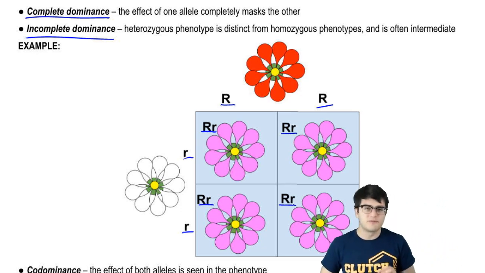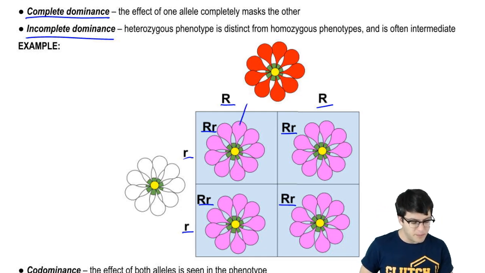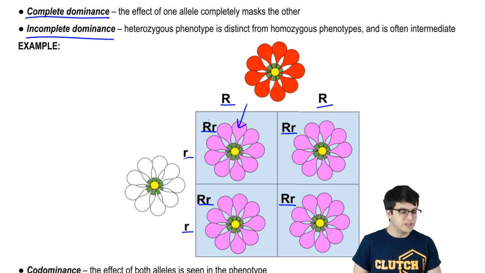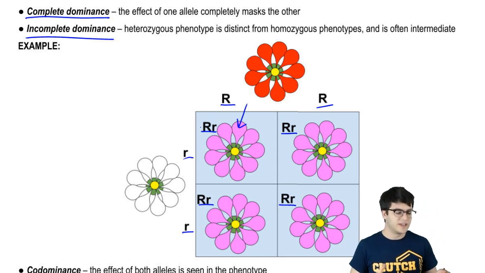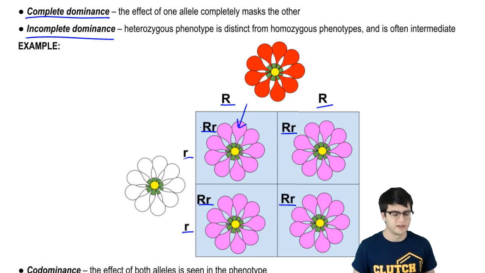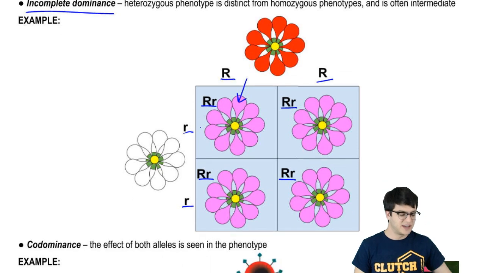But those offspring neither appear red nor white, but actually show up pink, because they're heterozygous, they have both alleles, and their heterozygous phenotype is distinct and a blend, in fact, between the two colors of the homozygous plants. So, this is an example of incomplete dominance.